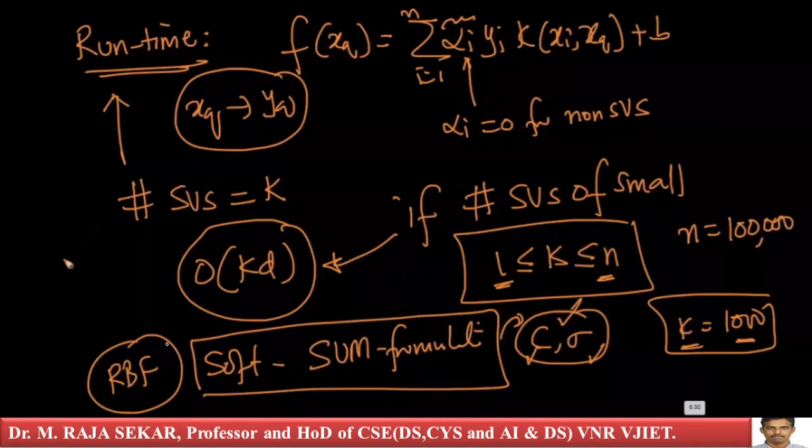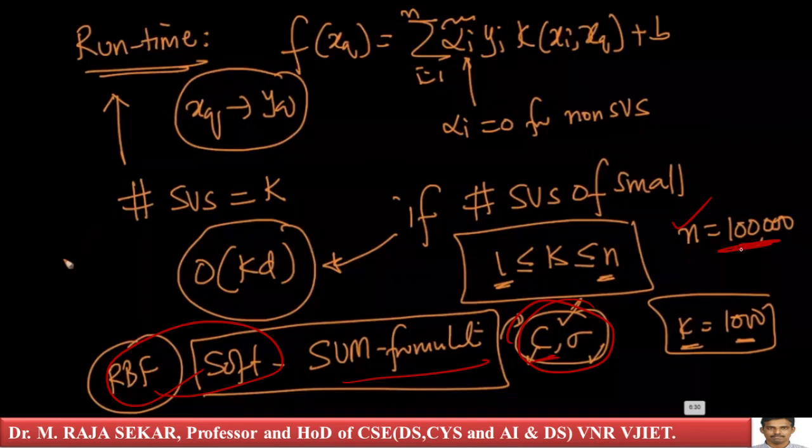If you train your support vector machine, let's assume you are doing RBF support vector machines, you have hyperparameters C and sigma, isn't it? Let's say n equals 100,000 points.